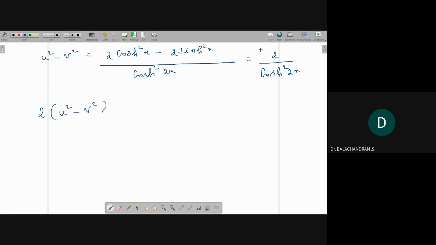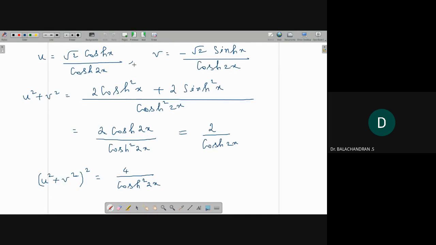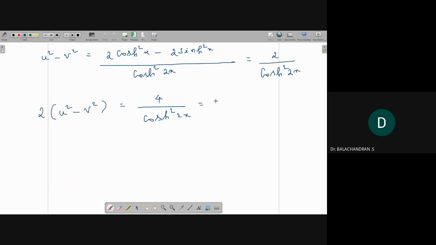So if I multiply by 2, you get 4 divided by cos h square 2x. But this is same as (u square plus v square) whole square. And hence we proved these two are equal. So proof is over.